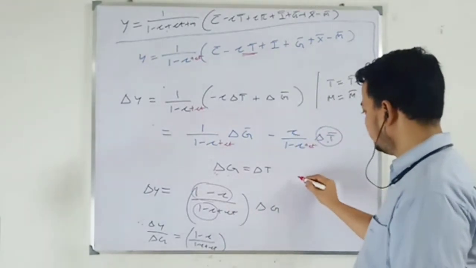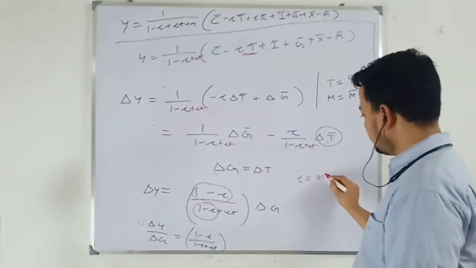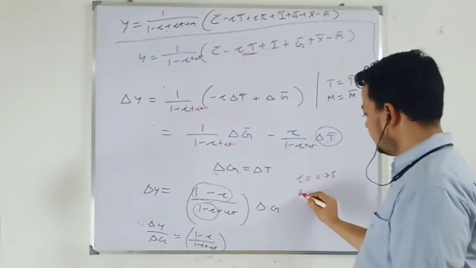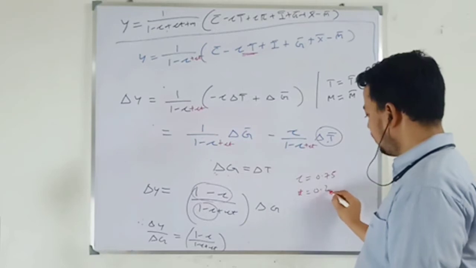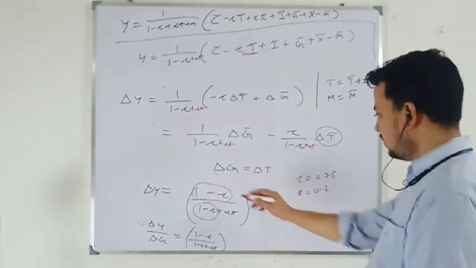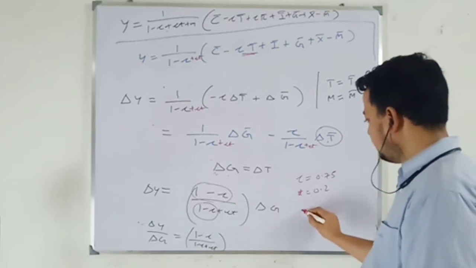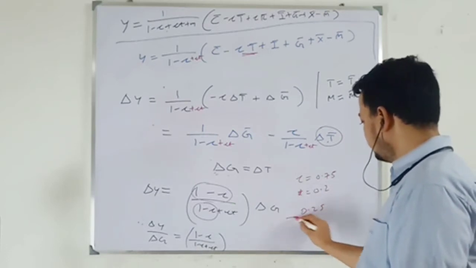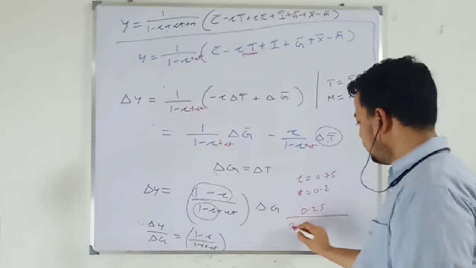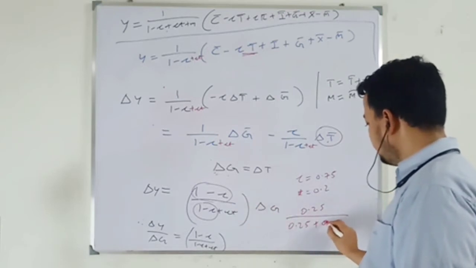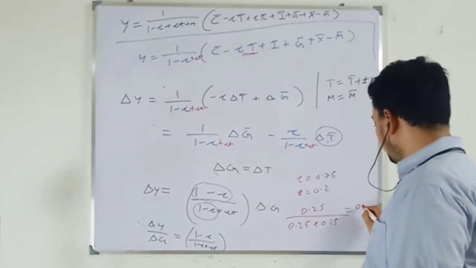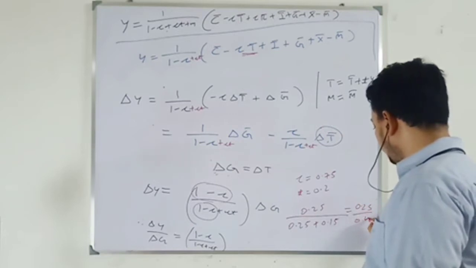Let me put it. C take 0.75. Tax take 0.2. So in the numerator you will be having 1 minus 0.75, which will be 0.25. Denominator: 1 minus C is 0.25 and this will be 0.15. So 0.25 over 0.40.